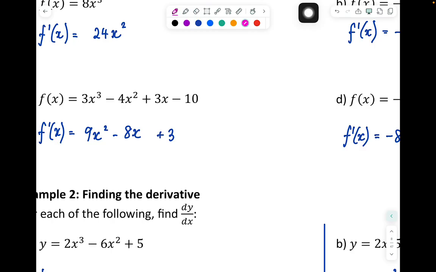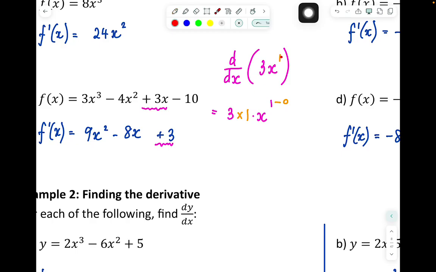I'll zoom in a bit. So when you differentiate, I'm going to use the operator notation here by differentiating 3x. Essentially what's unseen here is x to the power of 1. When we go to differentiate this, we take the power, multiply it at the front. Then you've got x to the power of 1, but you subtract the power by 1. Okay, so take the power, multiply it at the front, then subtract the power by 1.